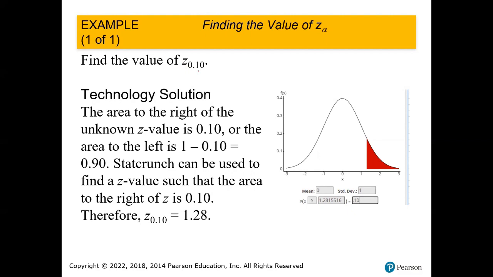But when they write it like this, find the value of z sub 0.10, they're saying what value gives me an area to the right that is 0.10. And we would just, again, use StatCrunch, just changing that symbol to be greater than.